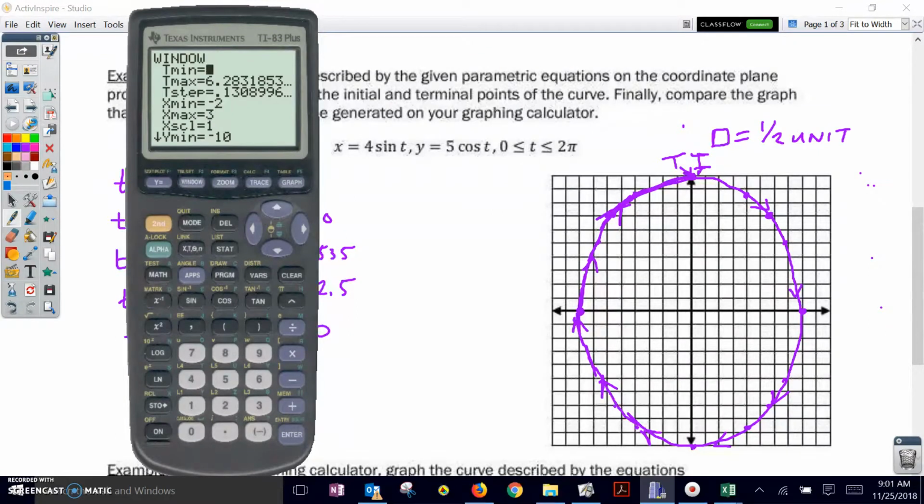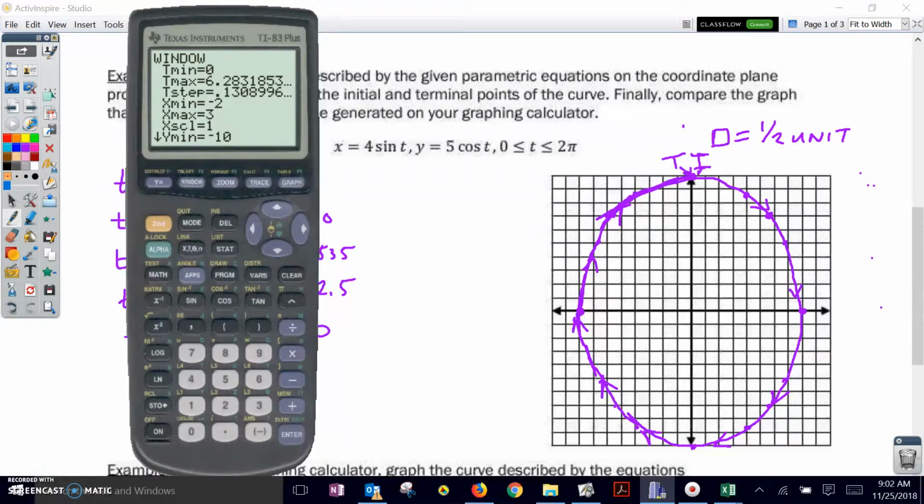Now notice that it gives us a whole different set of variables to enter here in our window. We've got a t-min, which is 0 here, because we're looking at time being between 0 and 2 pi. Our t-max, I've got in there, is 2 pi. The t-step is something that we can vary. The smaller it is, the longer it's going to take to graph this when my calculator graphs it, but the more accurate it's going to be.